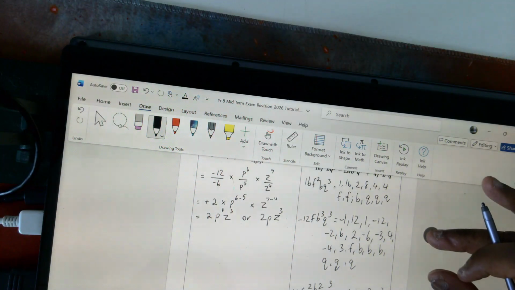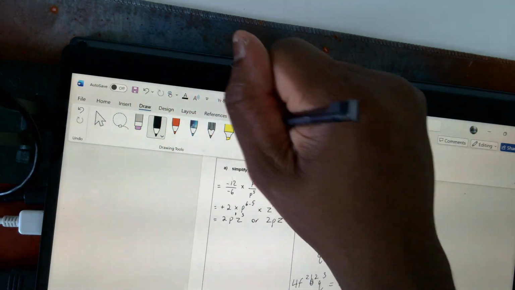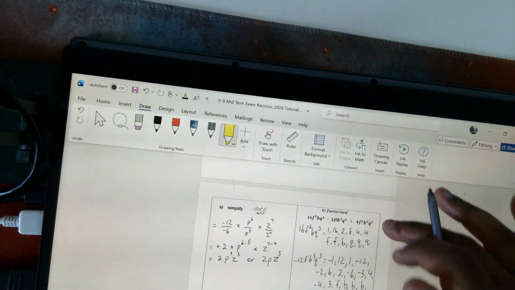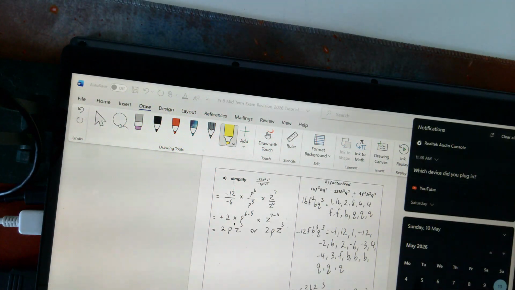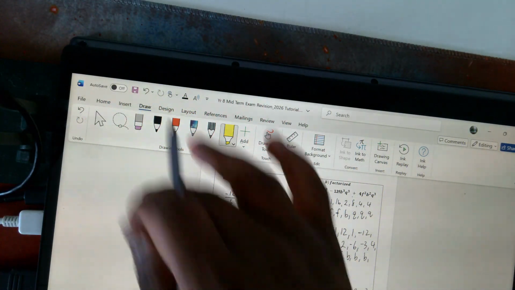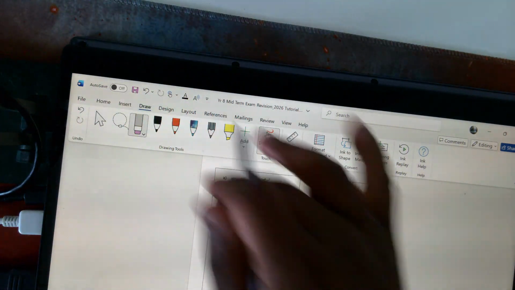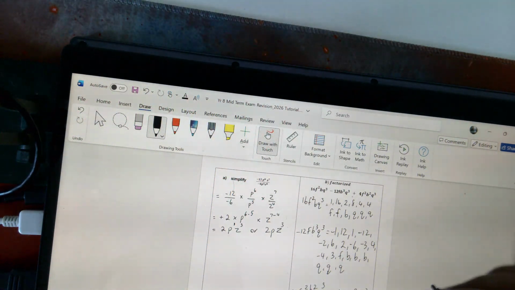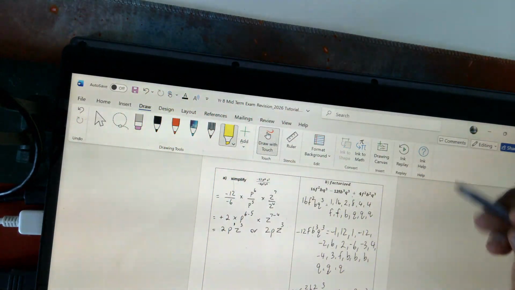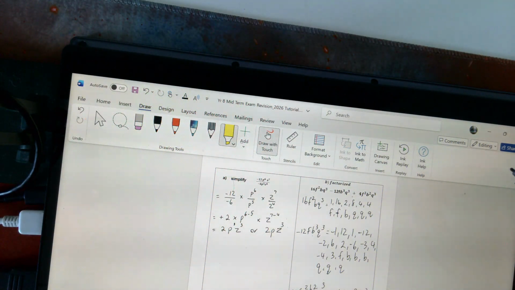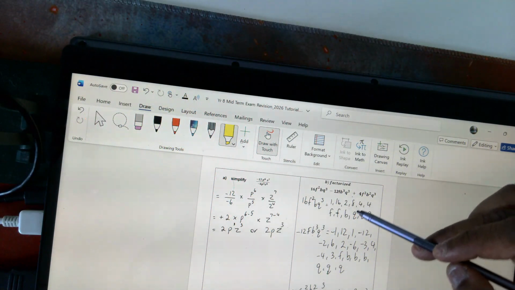Now I'm going to look at all my terms here, and I'm going to highlight the common terms to find my highest common factor. So let's have a look. I can see straight away that I've got an 8.